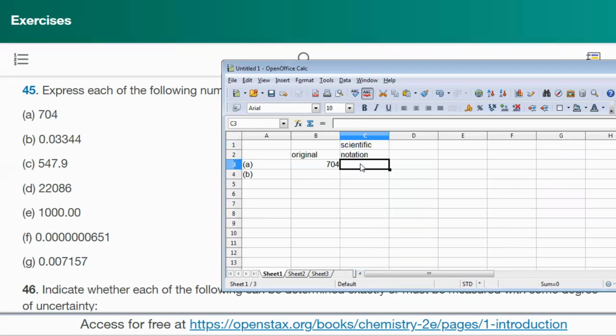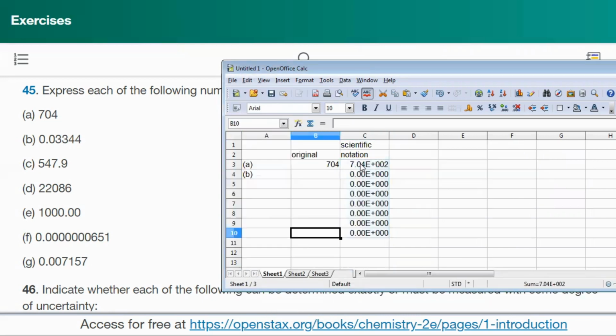So I go to this cell here and I type a plus, and then I move my cursor to the left, and we'll see how it's stated in scientific notation. So let's try, and I'm going to do that for the other numbers too. C, D, E, F, G.